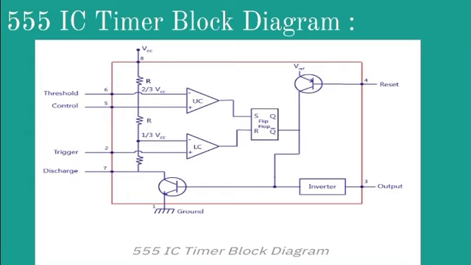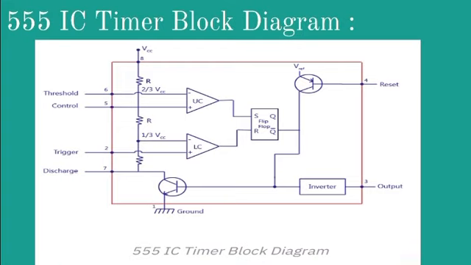Okay, so the complementary signal out of the flip-flop goes to pin 3, the output, and the output available at pin 3 is low. These conditions will prevail until the lower comparator triggers the flip-flop. Even if the voltage at the threshold input falls below 2 by 3 VCC, the upper comparator cannot cause the flip-flop to change again. Okay, so it means the upper comparator can only force the flip-flop output high.